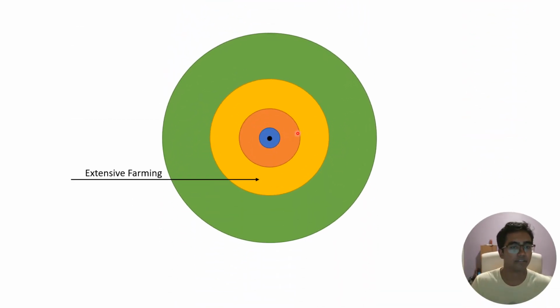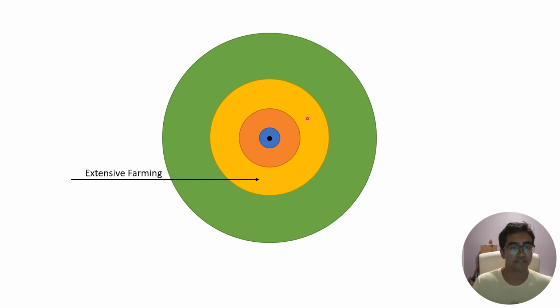Next, you'll have your ring of extensive farming. So this is where your grains are going to be grown, and farmers here are going to practice crop rotation, which, if you don't know already, is when you grow one crop a year, and then the next year you're going to switch it out for a different crop. So for example, a farmer might grow wheat one year, then barley the next, then switch back to wheat the year after that.